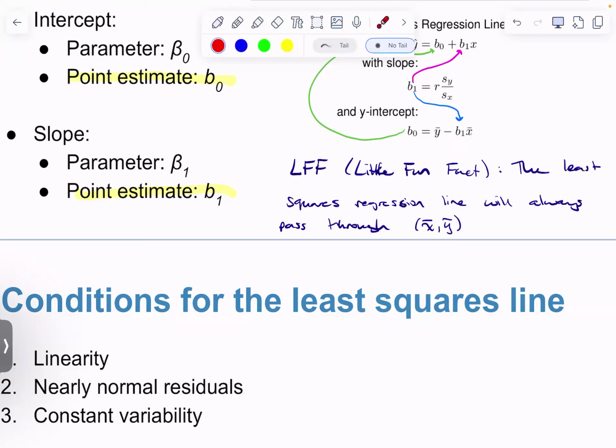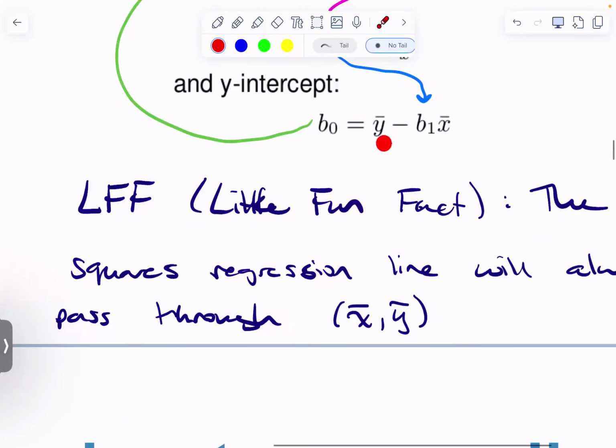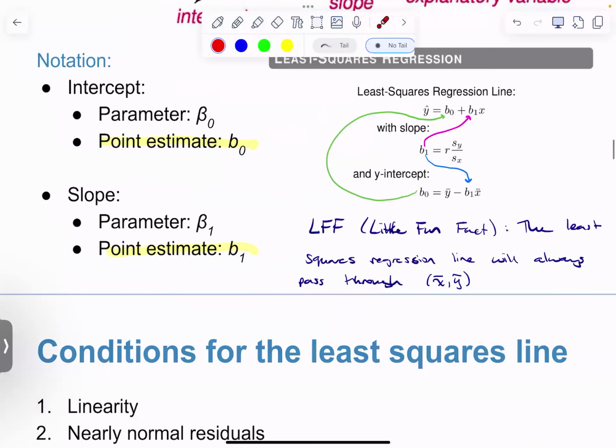In order to set up the equation of the line and find the y-intercept, we need to know a point that this slope passes through. And that point is X bar, Y bar. And so then we can rearrange it and say, okay, well then B naught, your intercept, is going to be Y bar, which is the average of the Y's, minus the slope that you found, times the average of the X's. Nice.